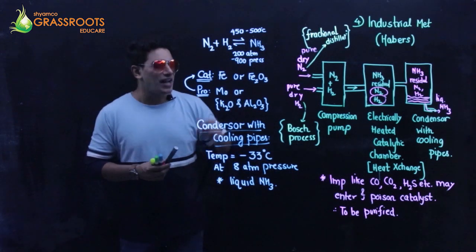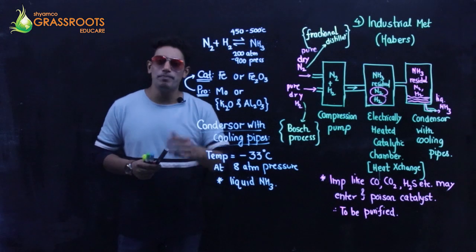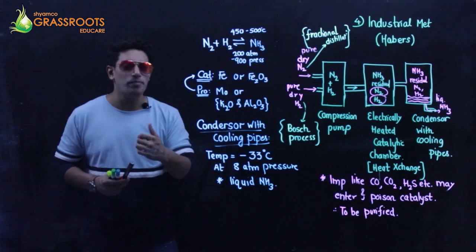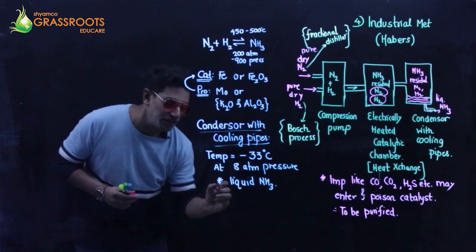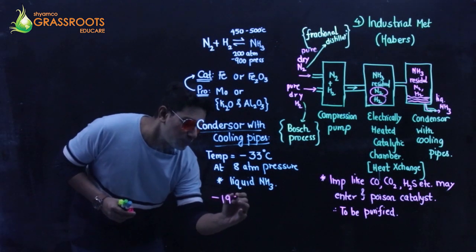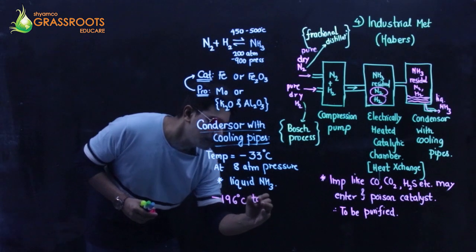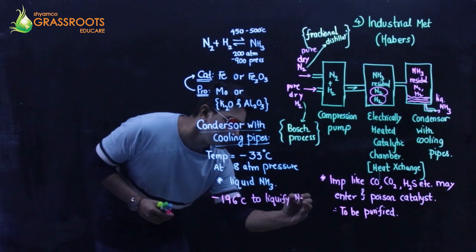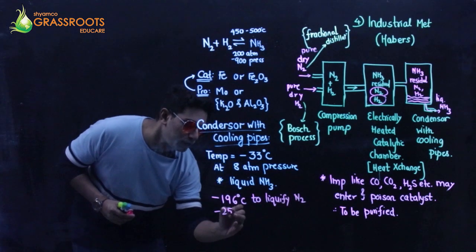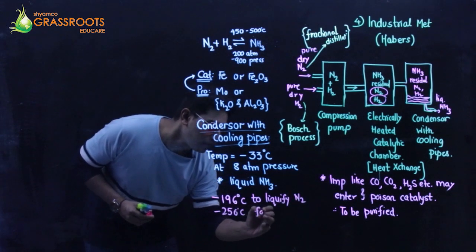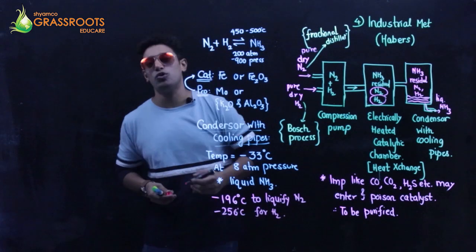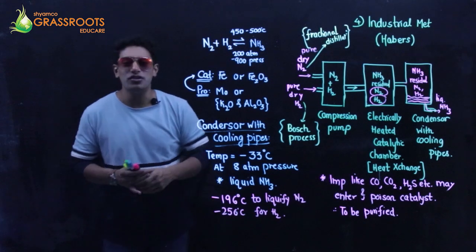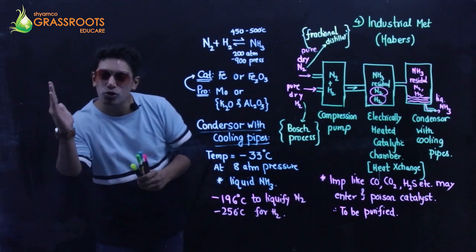Now, to convert nitrogen and hydrogen into a liquid form is very difficult. We would need to go down to minus 196 degrees Celsius to liquefy nitrogen, and minus 256 degrees Celsius to obtain liquid hydrogen. These temperatures go way too low.